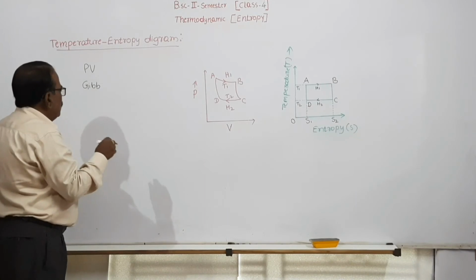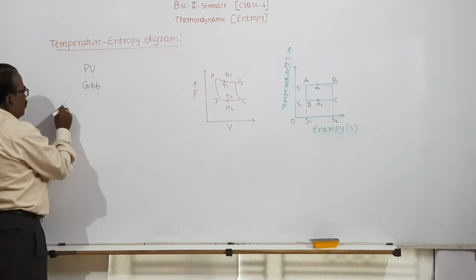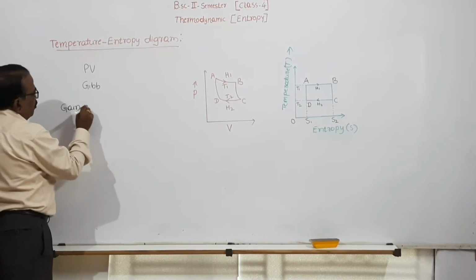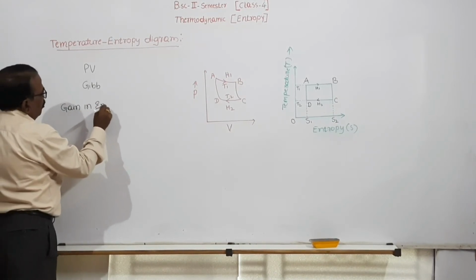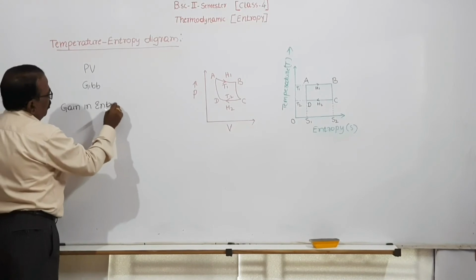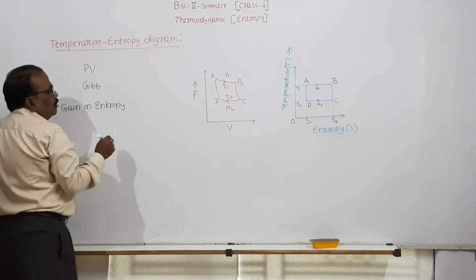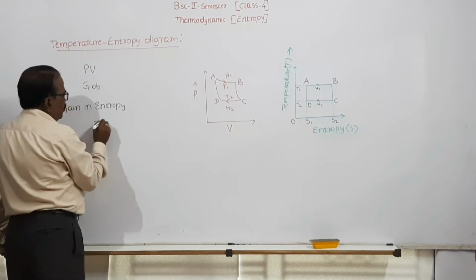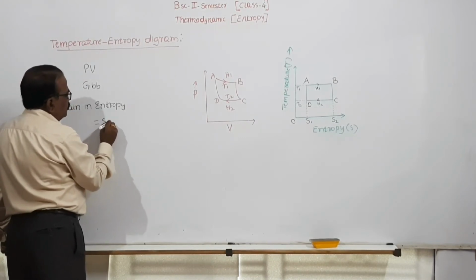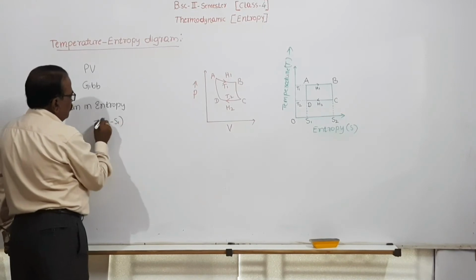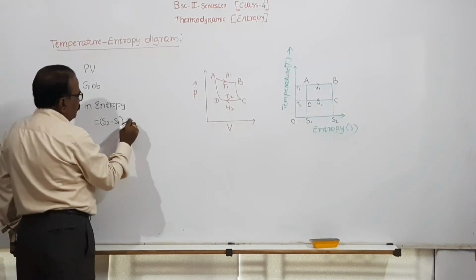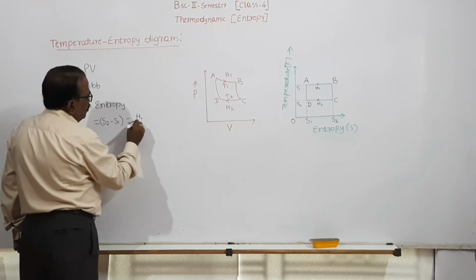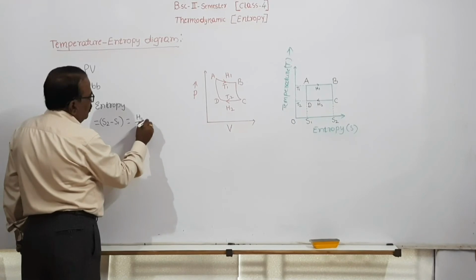So gain in entropy is equal to S2 minus S1 is equal to H1 upon T1.